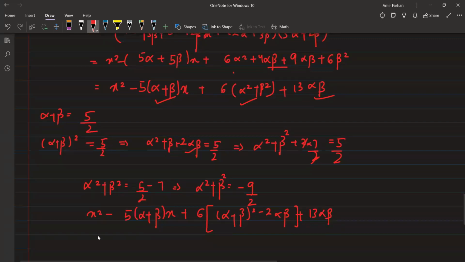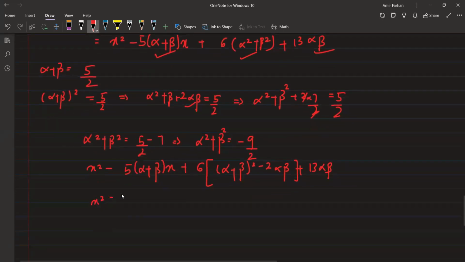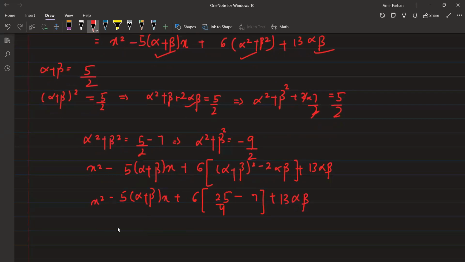So x square minus 5 (alpha plus beta) x will be same as it is, plus 6 of alpha square plus beta square, which is 25/4 minus 7, plus 13 alpha beta. Yes or no?